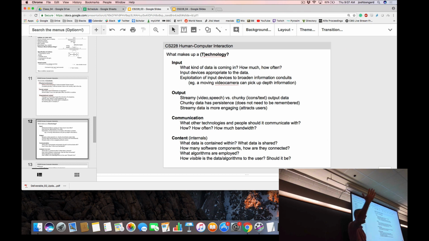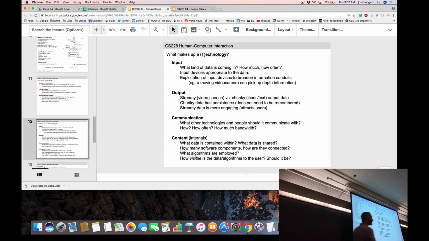So if I have my flying phone that's trying to take a selfie, I expect that if I move a little bit, it should move and keep me in the frame, right? Its movement is also helping it take the selfie, but its movement might also be indicating to me, I see you, or I see your face, and I'm tracking your face, right? So the output of any technology is also trying to help the user say, I know, I understand, or I need more information, or I need you to do X or Y.